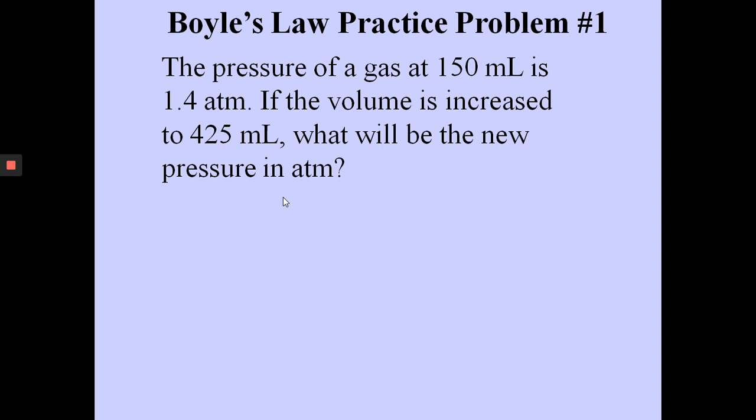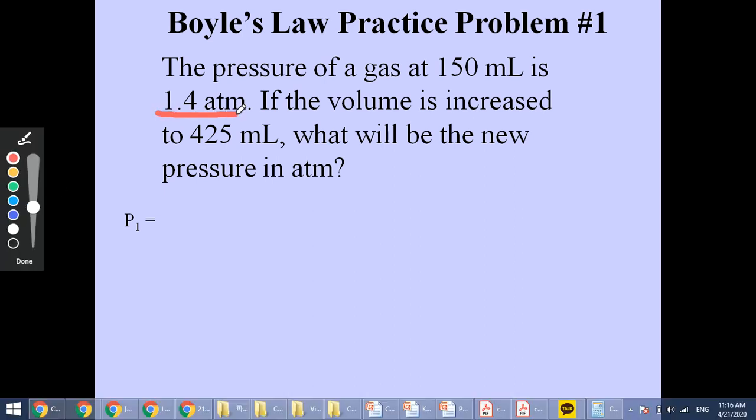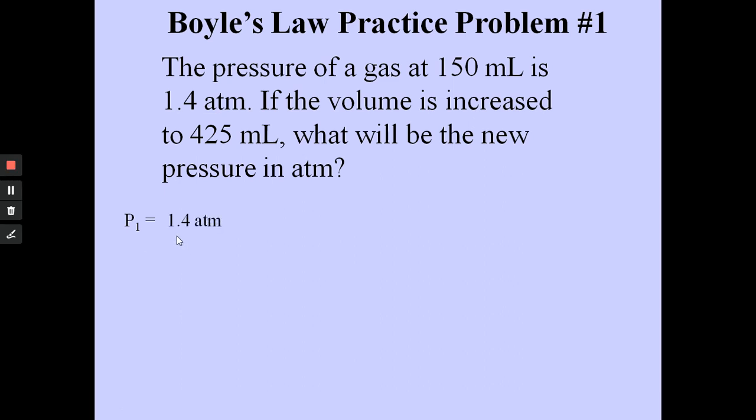The pressure of the gas at 150 milliliter is 1.4 atm. So we are given the pressure from the problem. Pressure is 1.4 atm for the first condition, so that's going to be 1.4 atm. And at 1.4 atm, the volume is given to us as 150 milliliter.